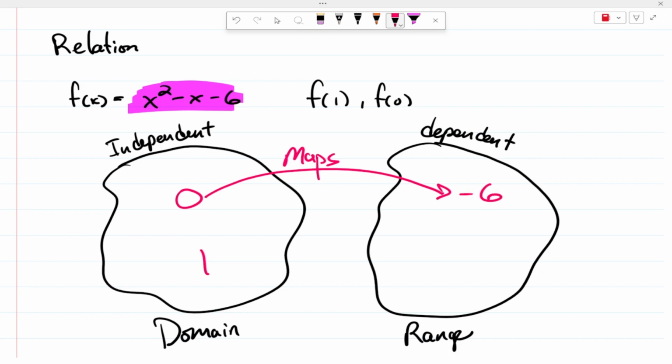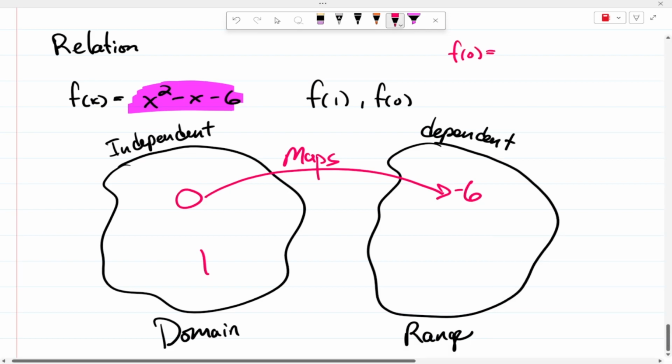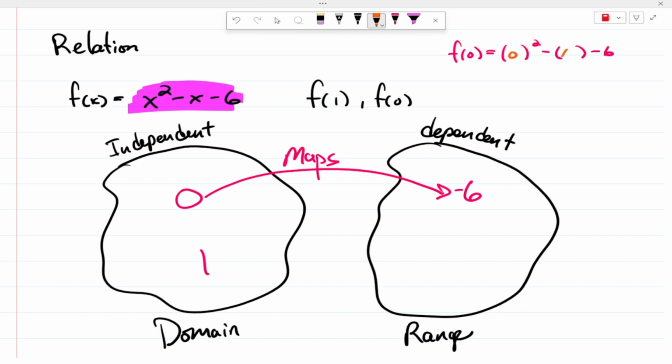So f of 0 is going to be negative 6. Why? Upper right-hand corner, f of 0 equals, put my parentheses first, make my substitution. When I substitute in 0, I get 0 to the second minus 0 minus 6, or f of 0 equals negative 6. Same thing here in the second example. Let me get out my other eraser.